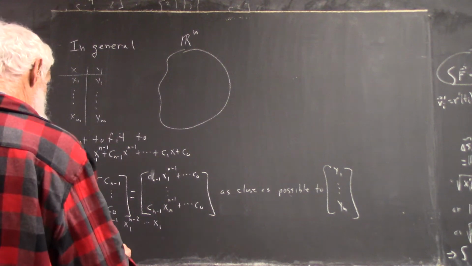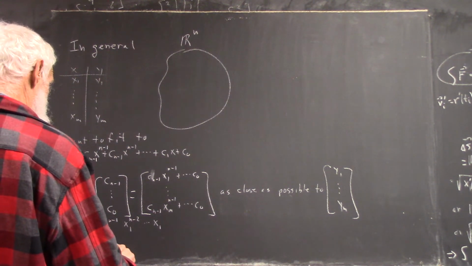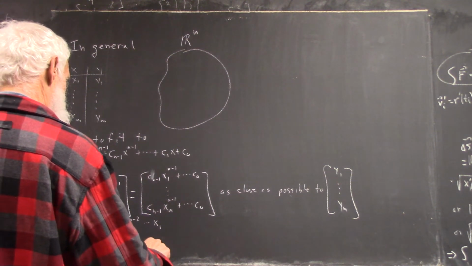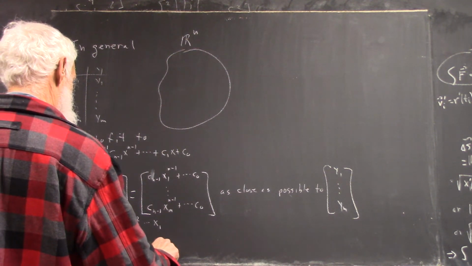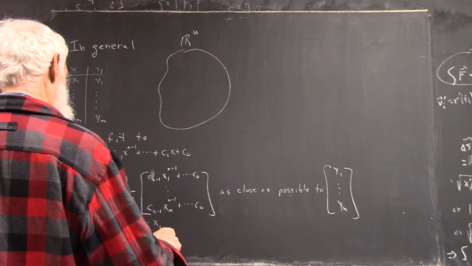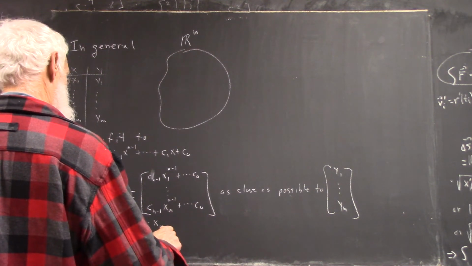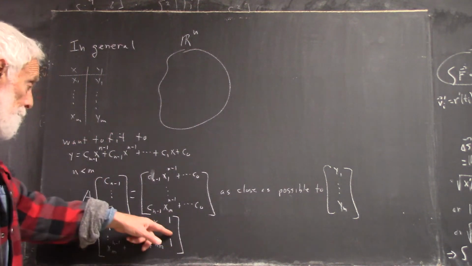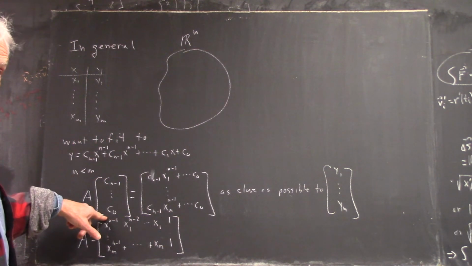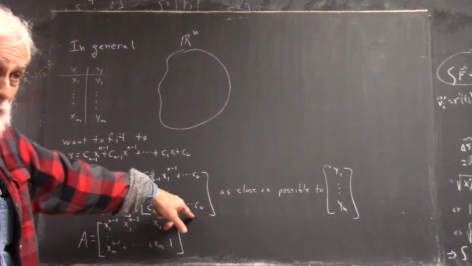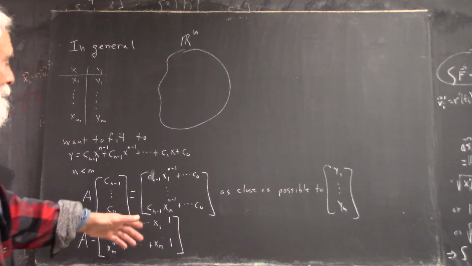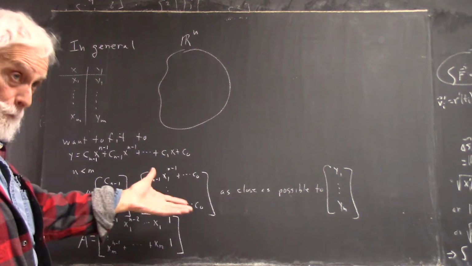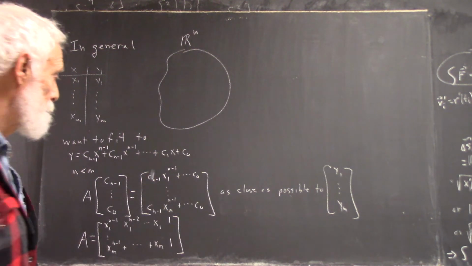And then it just extends down to the other rows, xm to the n minus 1, then down to xm, and then a 1 at the end, because we've got to multiply something by C0, and it's got to be 1, because we're going to get C0. And that would be like x1 to the n minus 1 down through x1 to the 0. Another way to look at it.